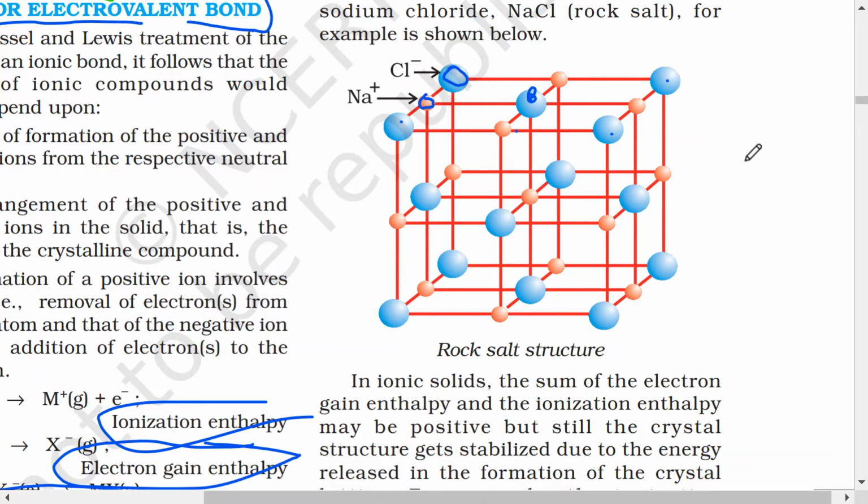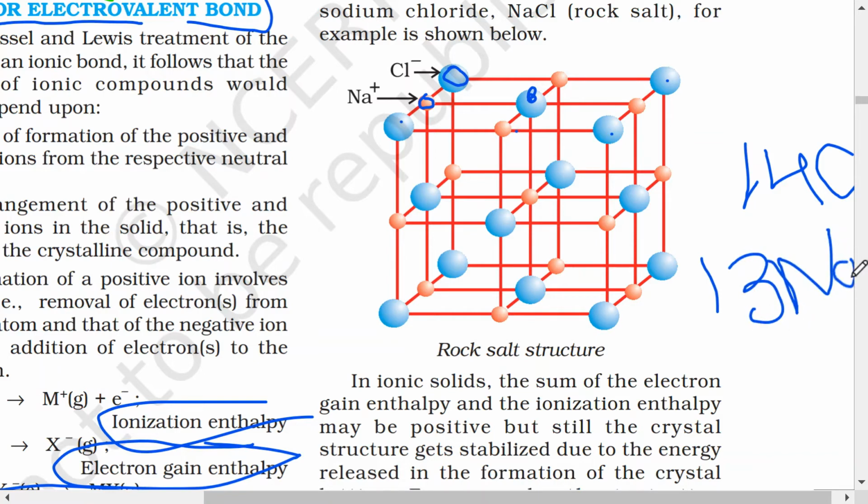Total 14 chlorine anions. Sorry, not electrons. I'm sorry. And in the case of sodium, 1, 2, 3, 4, 4, 5, 4, right? 4 to the 8, 8 plus 5, 13, right?